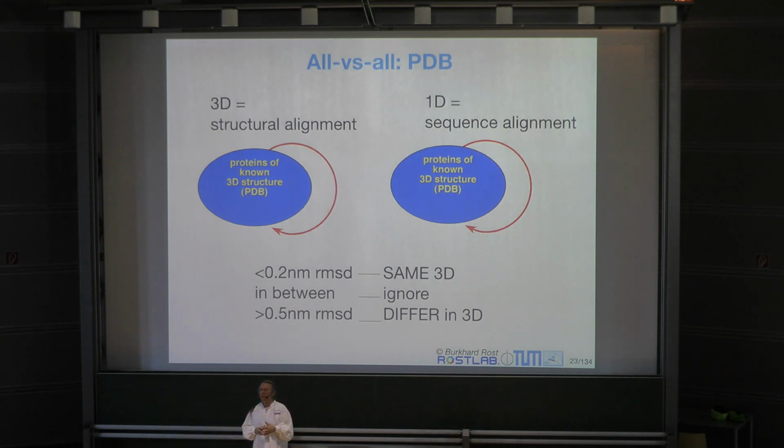The PDB, Protein Data Bank, is a repository that contains all the proteins for which we know the experimental 3D structure, the shape. So we have about 100,000 shapes. Now what we do is we do 100,000 against 100,000, or some subset comparison, we will later say.